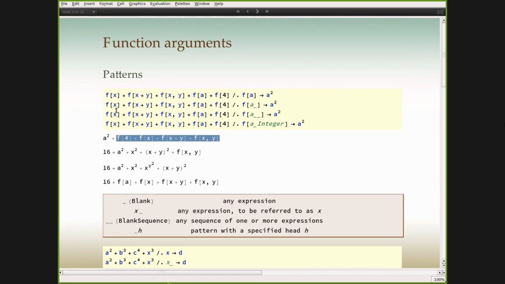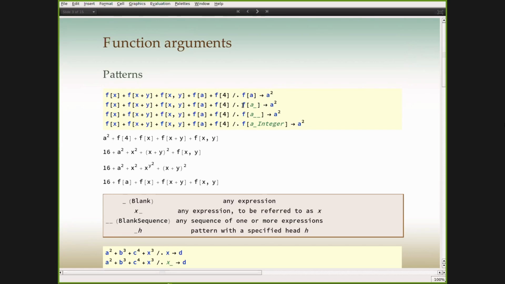Okay, so let's look at the second case where we have exactly the same expression, but now we are saying that we would like to change f of a, where a is something that will be called a at this definition, to a squared.